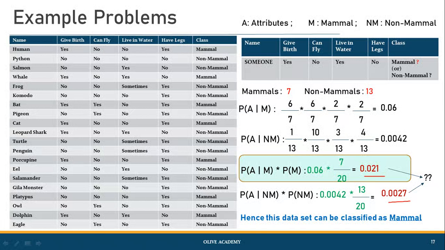Remember, just calculate the number of attributes and number of class labels, and the second step is the probability of attribute given one class label. This is the second class label, but remember that if there are 3 class labels, then the number of steps may be a little bit higher, because you need to calculate the probability of A given class label 1, class label 2, class label 3, and so on.